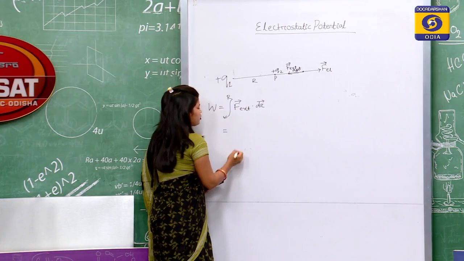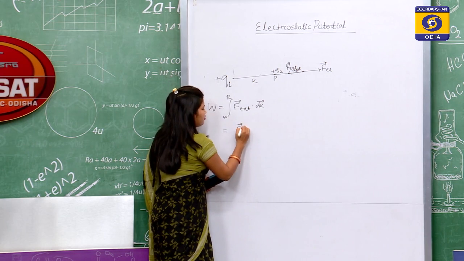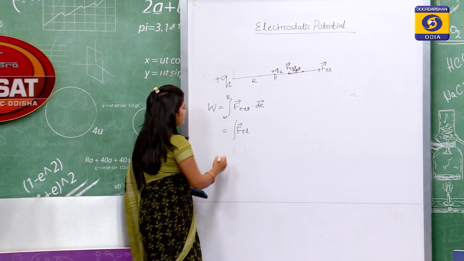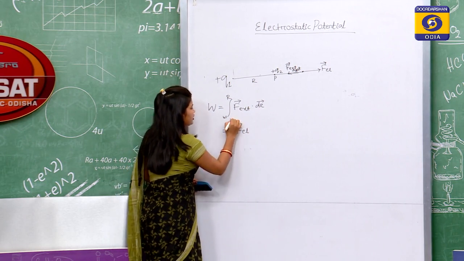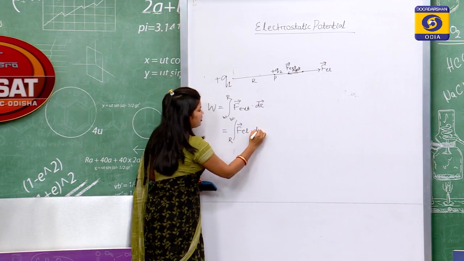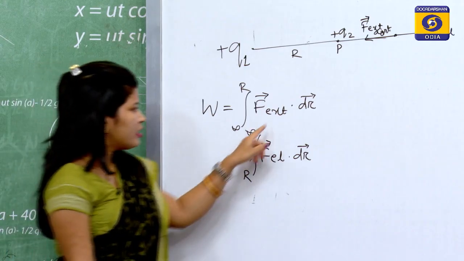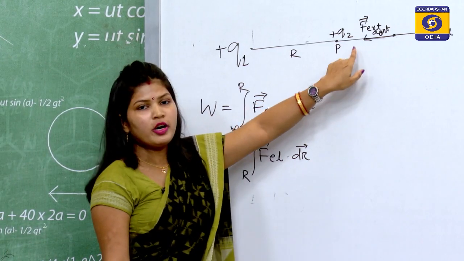I can write also in the form of F electric, that is integration from r to infinity dot dr. See, I am doing positive work here.